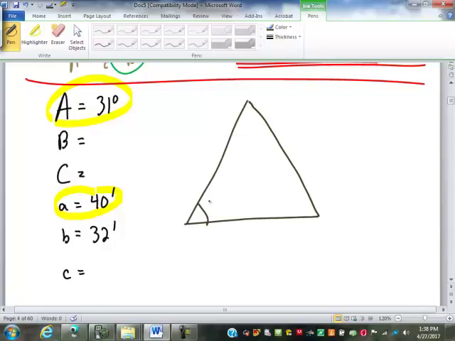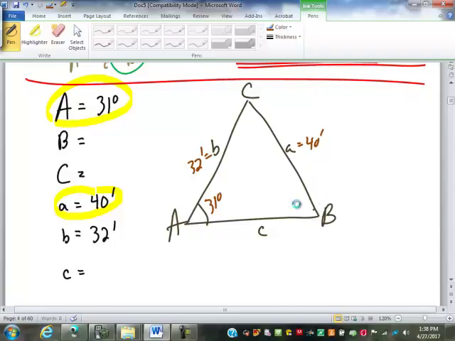This angle here is 31 degrees. Oh, helps if I put the letters in there. This angle here is going to be the 31 degrees. This side's going to be 32 feet. This side's going to be 40 feet. Now, I'm not drawing it to scale because we know that side's smaller. We know angle B. What do we know about angle B just by looking at this?